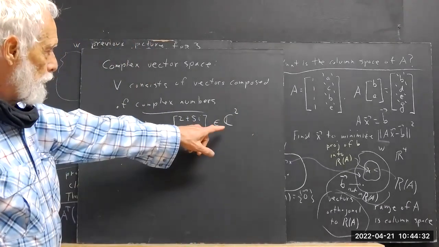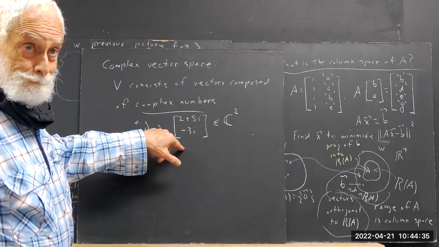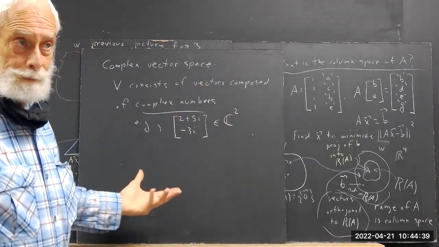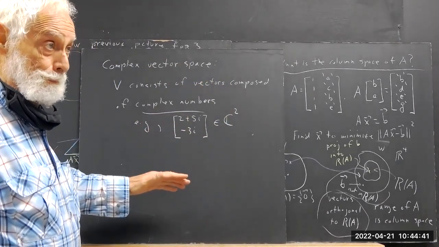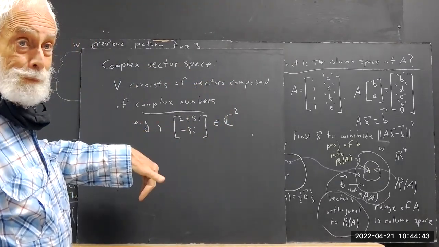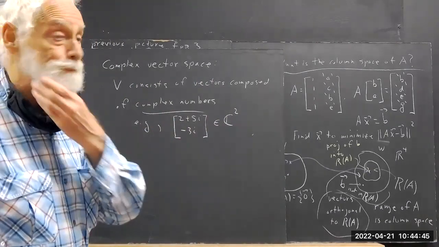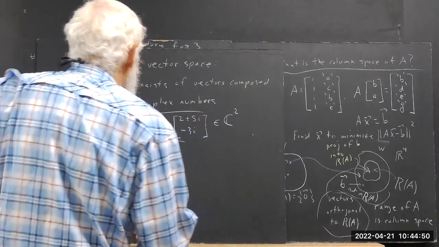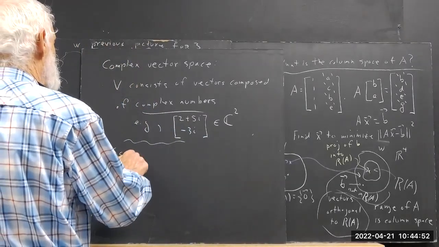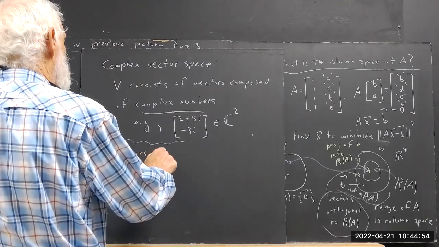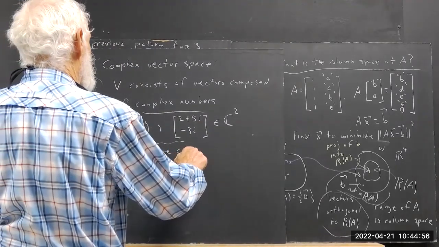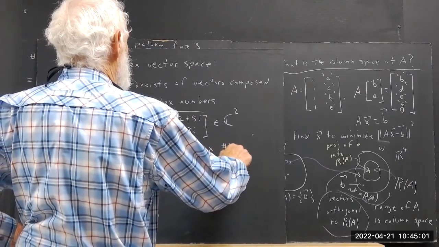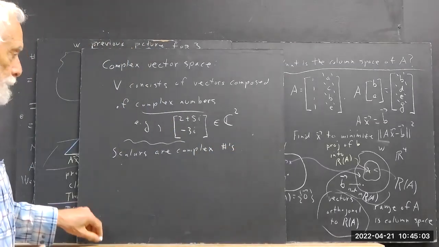Instead of R2, we'll call this C2. Now, if you have Cn, that just means you've got n components. So it's just like Rn, except now it's Cn. And your scalars are complex numbers.